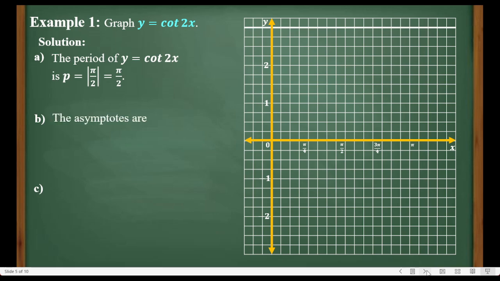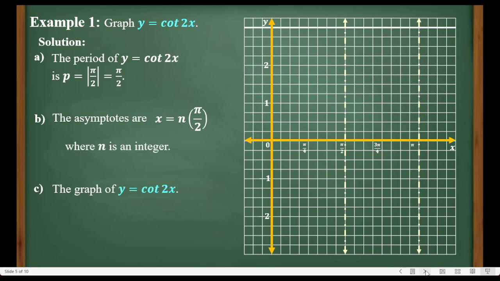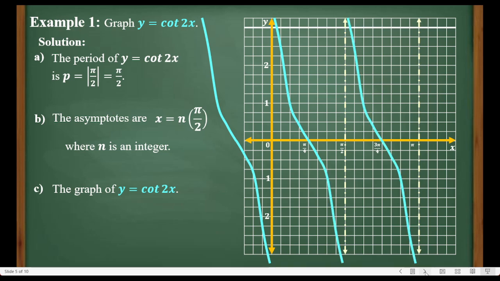Then the asymptotes occur at coordinates x determined by the formula np, which is equal to n pi over 2, where n is an integer. Then the graph of cotangent 2x can be traced like this. So this is the graph of cotangent 2x.